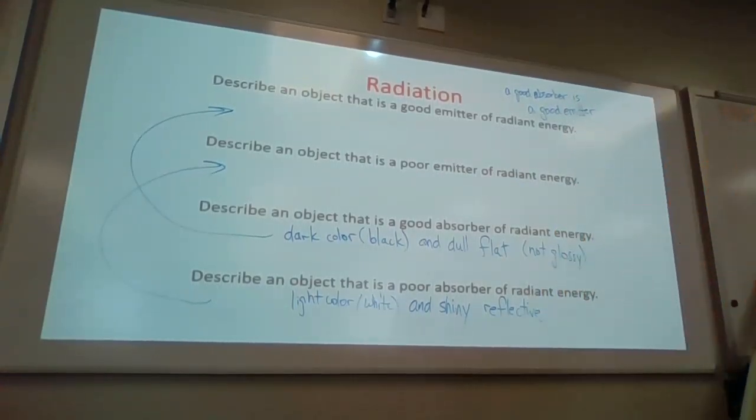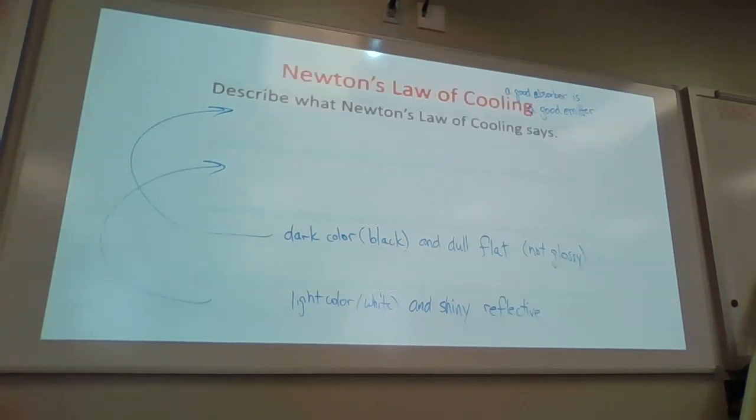A poor absorber is a poor emitter. The fact is that all objects are absorbing and emitting radiant energy.